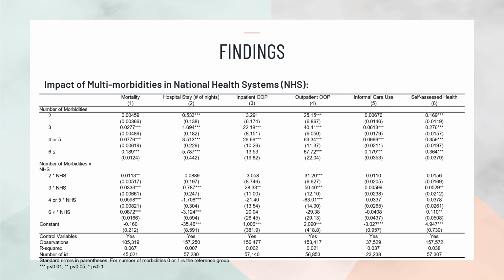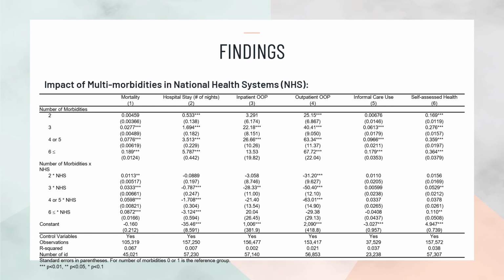Referring to Model 2, having 2 or more conditions in a national health system has a significantly negative effect on the number of overnight hospital stays. Model 4 indicates that out-of-pocket expenses for outpatient services are expected to decrease if an individual has 2 to 5 chronic conditions and lives in a national health system, whilst out-of-pocket expenditure for inpatient services is only negatively significant at 5% for 3 conditions under the national health system.